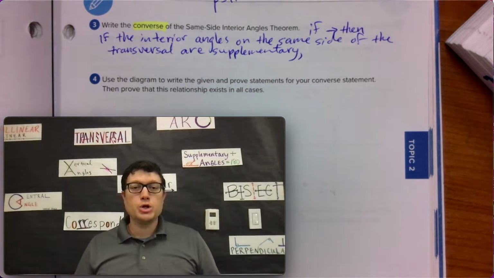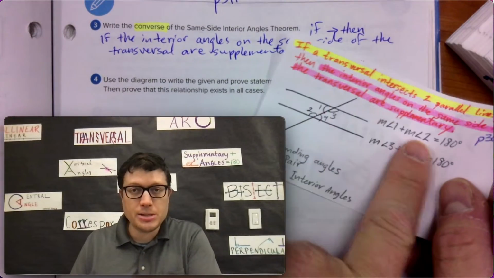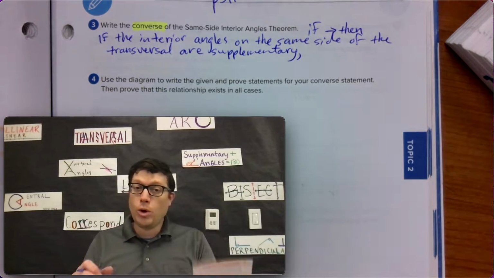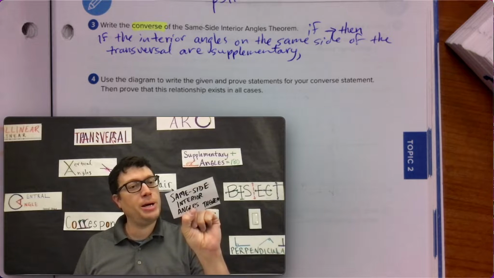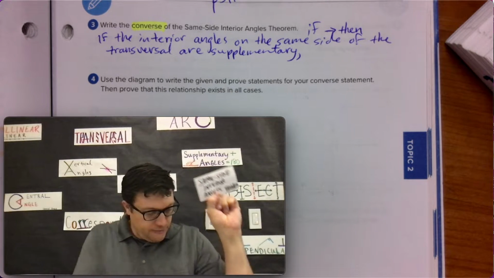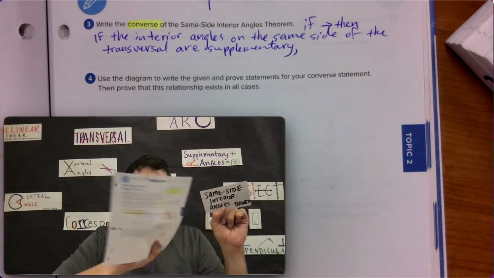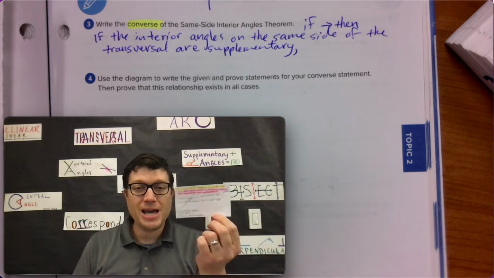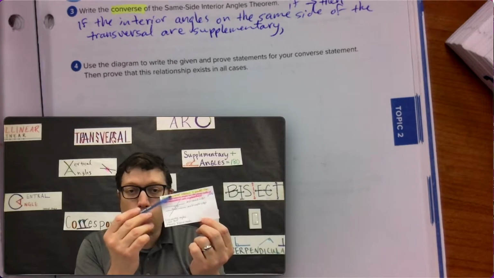Okay, so we take that if statement, or the then, I should say. We take the then statement of how it was when we copied it down from page 306. And in fact, I've ripped out page 306 carefully because it's going to be part of the next activity here. You take the if part of it and you write it first.